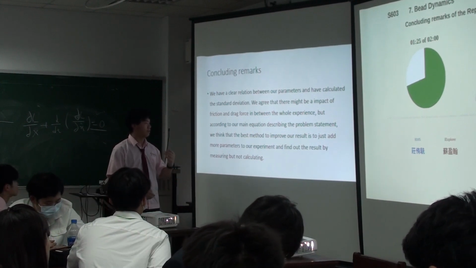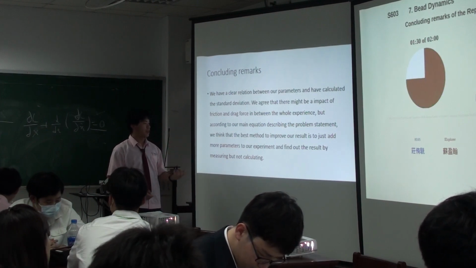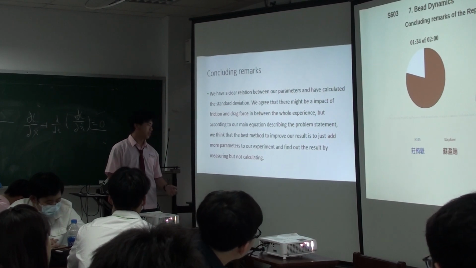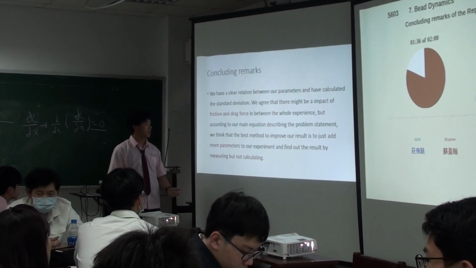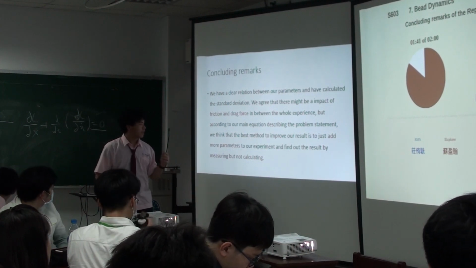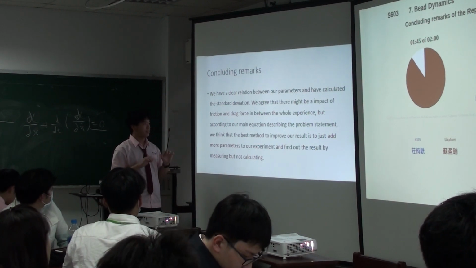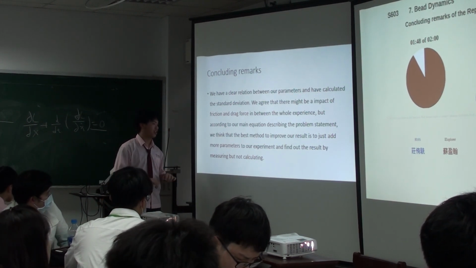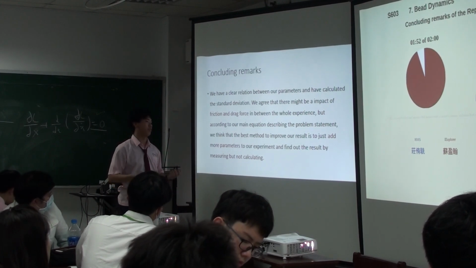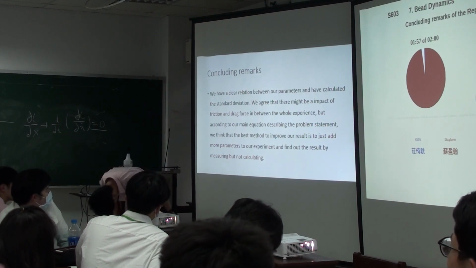But according to our main equation, we think the best method to improve our result is to add more parameters to our experiment by measuring and not calculating, because our equation fits our needs. To add more parameters, we should not make our equation more complicated, but we should measure them. Okay, thank you.